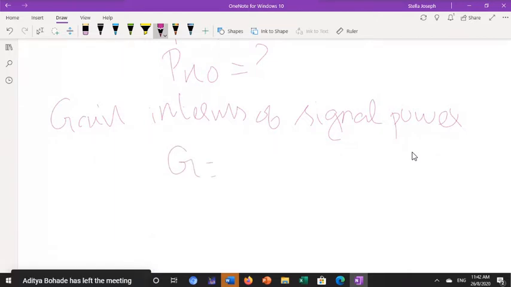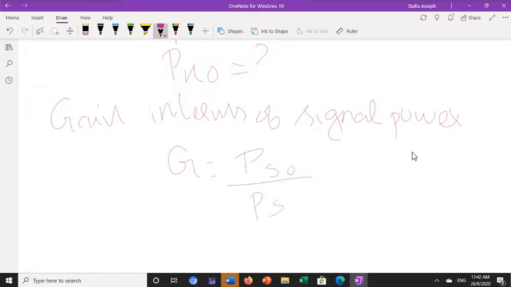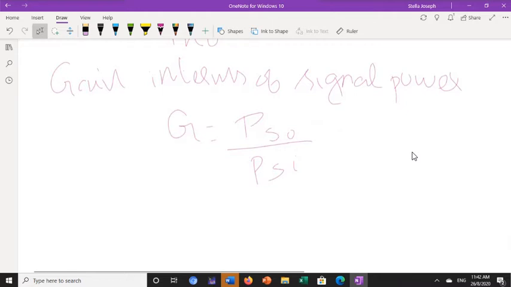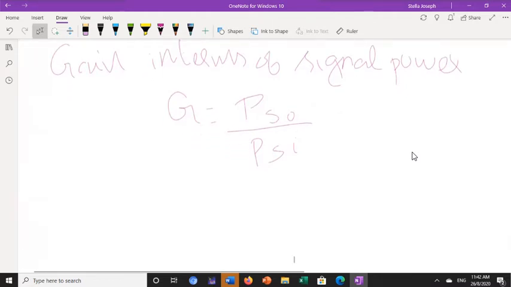G is equal to PSO divided by PSI, that is the output divided by input, output power divided by input power. Take this equation as 1.